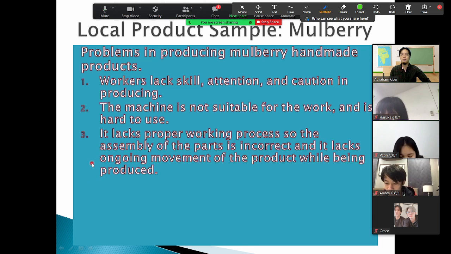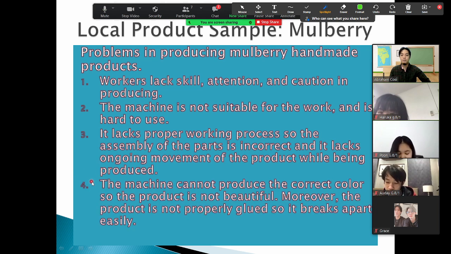Or still under the entrepreneur, because the entrepreneur is the one who is planning the arrangement in production.